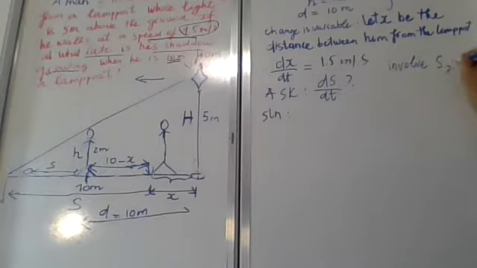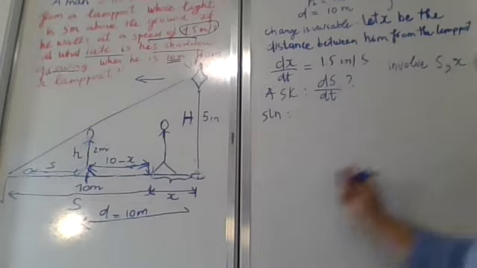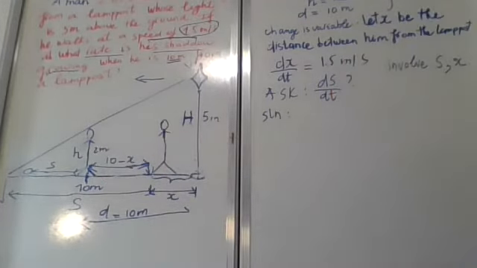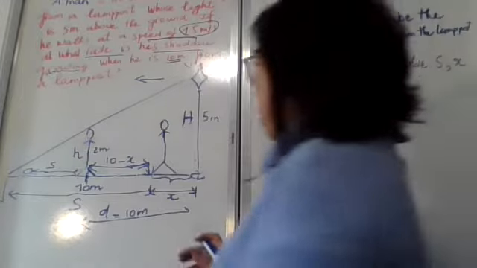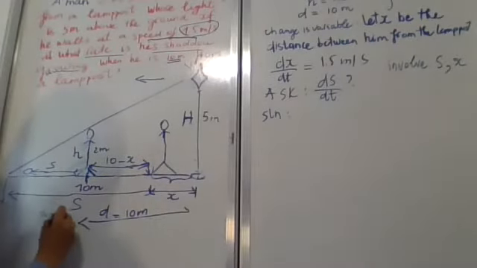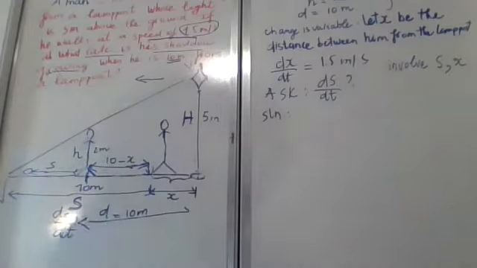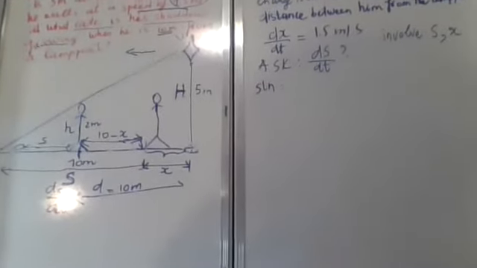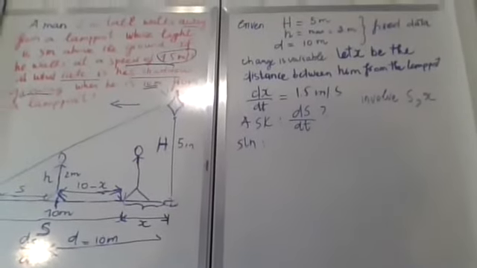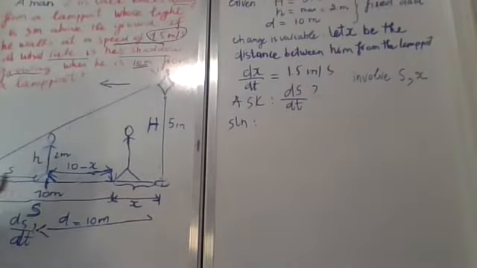And it has to involve the x variable, the distance, and maybe this information as well. So let's find out. To establish the function, we want to find ds over dt, right? This is what we want to know. So to find ds over dt, we have to establish a function with an s in there.